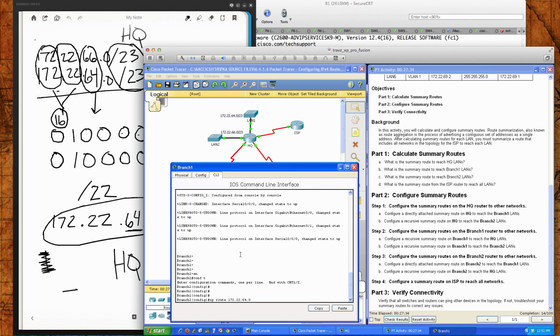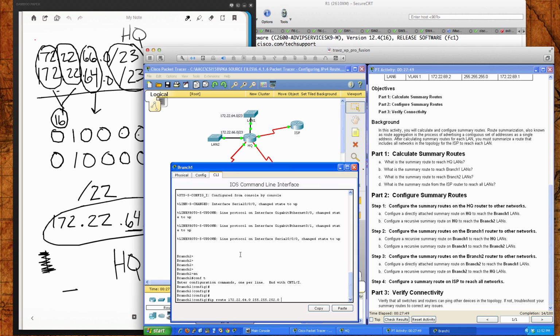172.22.64.0, and then /22 would be 255.255, and now this will not be 255, it would be 252.0. And again, it wants a recursive summary route.